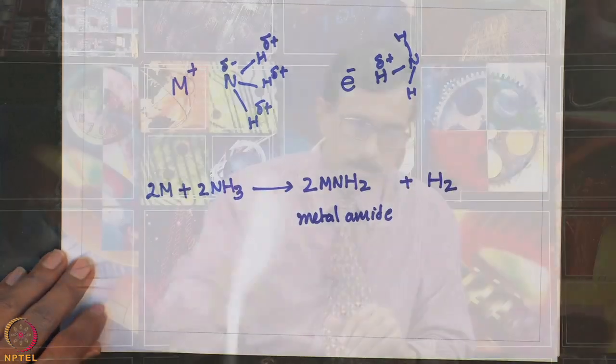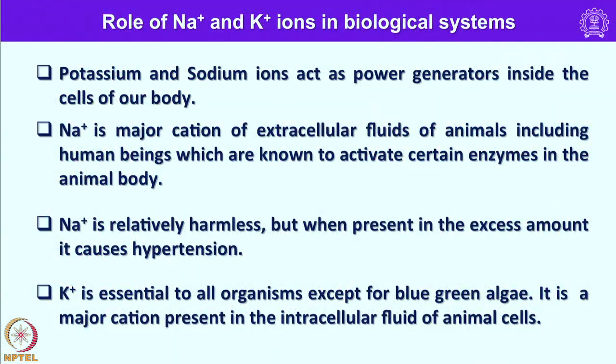Now, let us look into the role of sodium and potassium ions in biological systems. They are very, very important in living beings. Sodium and potassium ions act as power generator inside the cell of our body. Sodium plus is the major cation of extracellular fluids of animals, including us human beings, and is known to activate certain enzymes in the animal body.